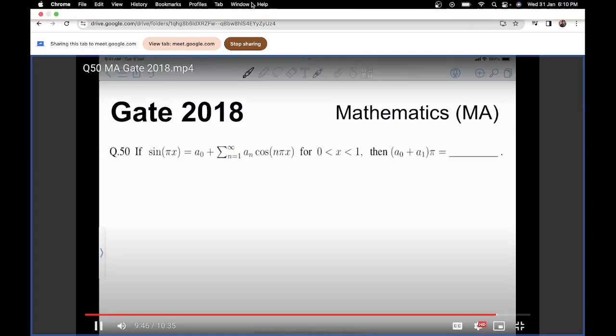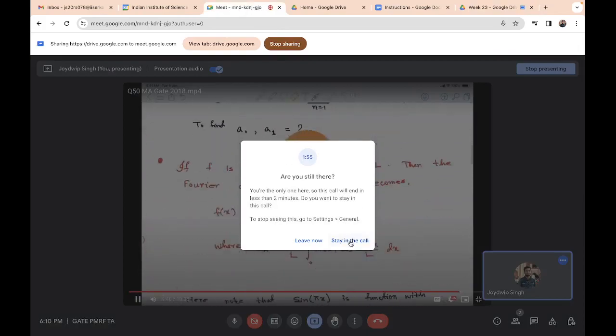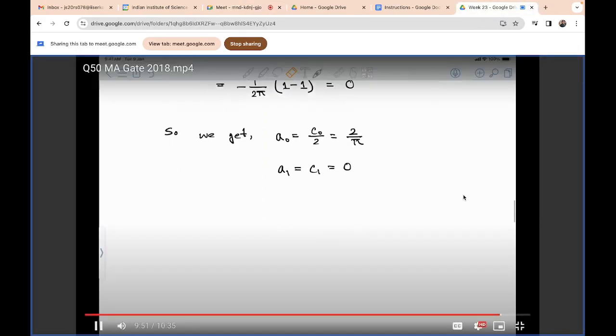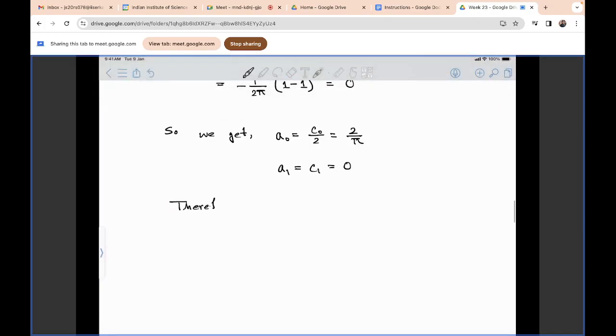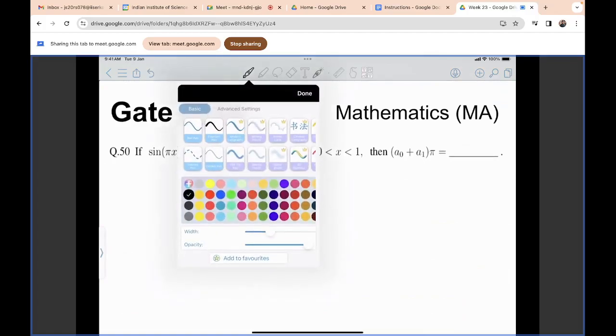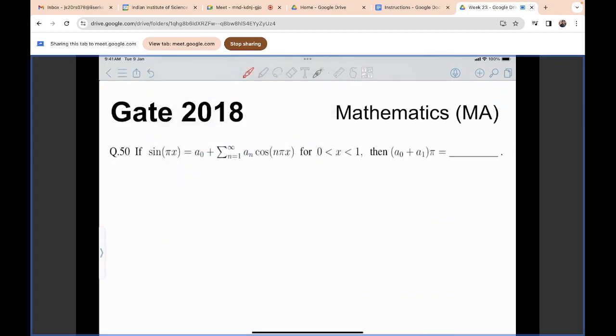We need to find a naught plus a1 times pi, which is 2 by pi plus 0 times pi, so it's 2. So the answer is 2. So a naught plus a1 pi is 2.